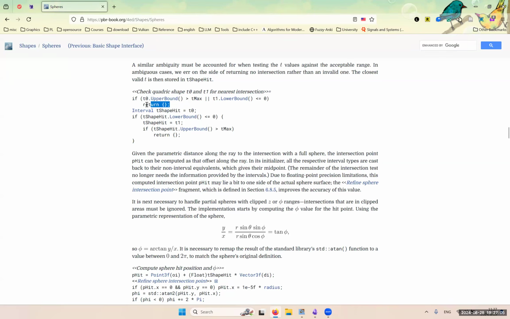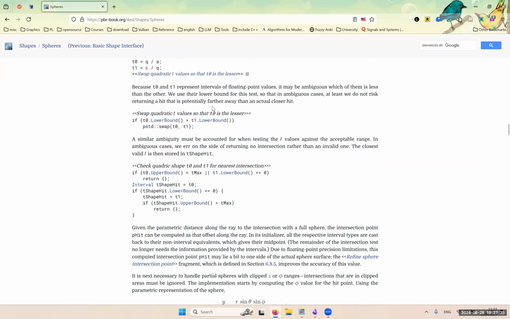Like, what if T0 is not a hit, but it's super large, and then T1 is a good hit, but in this case, if T0 is greater than T max, then we just... Well, it says T1 is always greater than T0, given the way they solve the quadratic equation.